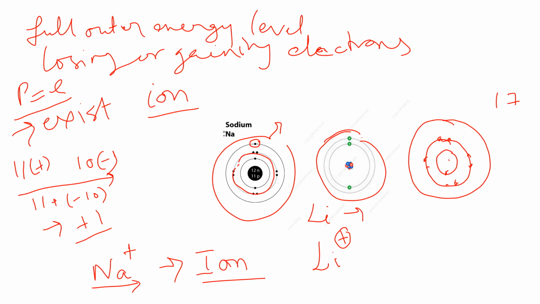Now only 7 electrons are remaining. So 1, 2, 3, 4, 5, 6 and 7. But this third shell can accommodate 8 electrons. So 1 electron is still left to gain the stability or to fill the outermost energy level. So this can gain an electron to become stable.